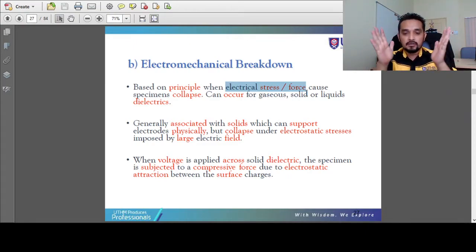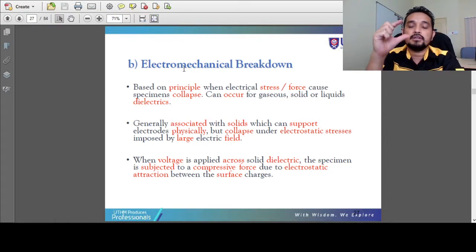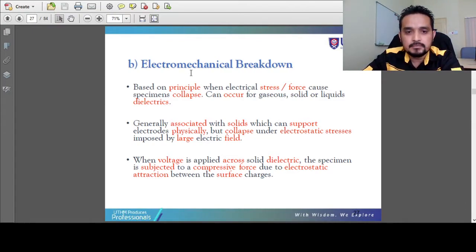That force on the solid dielectric material, say silicon rubber, will slightly compress it. Compressing the solid dielectric will lead to a compression effect at the solid dielectric, and there will be slightly less thickness. For example, there will be a shrink in terms of size and thickness. Okay, you can read this explanation.